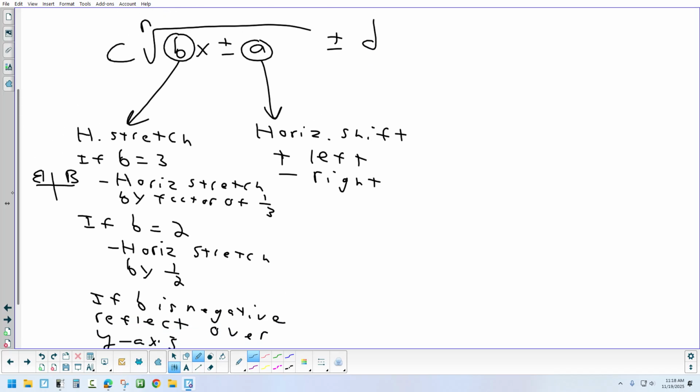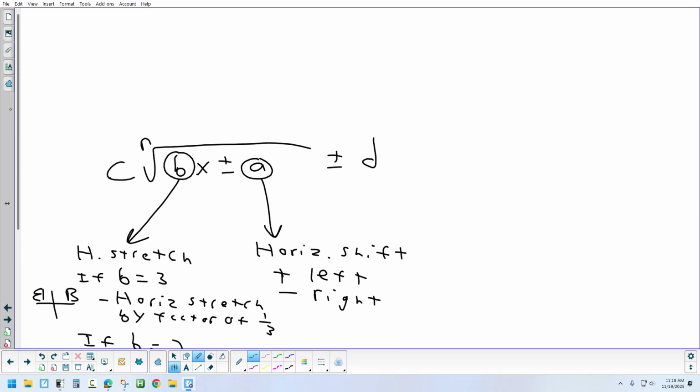That's everything on the inside. Now we're going to look at the outside. What does C do? That's multiplication, but it's on the outside. Vertical stretch. That's going to be a vertical stretch. Okay, I'm not going to write as many examples here because C is not backwards. If C is 3, it stretches 3 times as much. If C is 1/10, it stretches 1/10 as much.